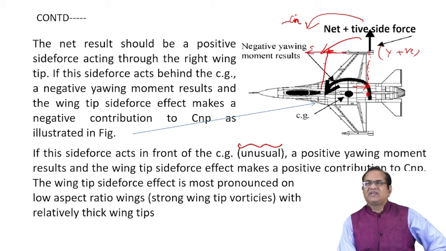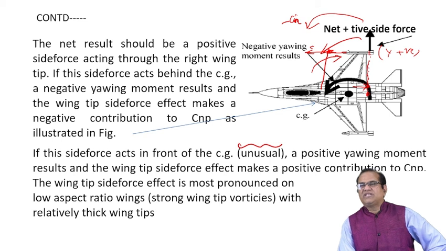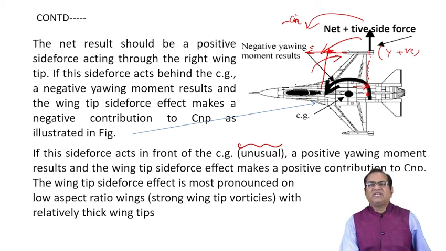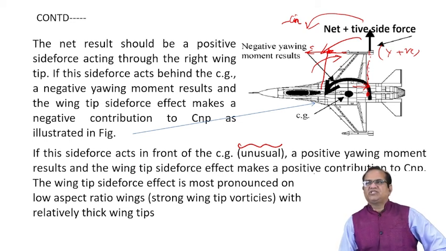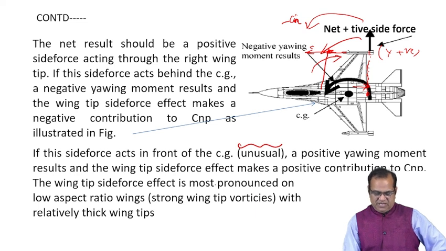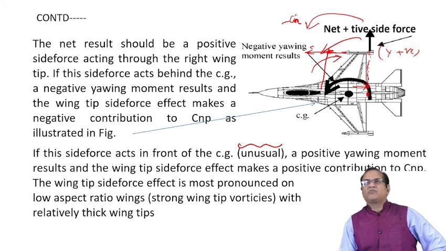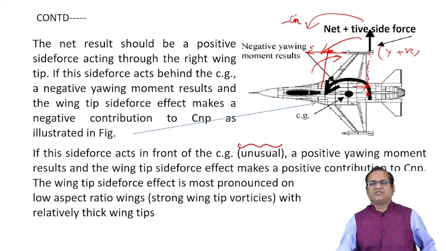So what will happen? This force will try to move in this direction and the aircraft in the opposite direction, which is not normally done. So this side force acts in front of the CG, which is unusual. A positive yawing moment results and the wing tip side force gives a positive contribution to CNP. The wing tip side force effect is most pronounced on low aspect ratio wings.